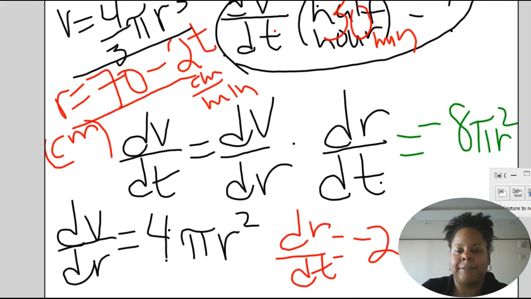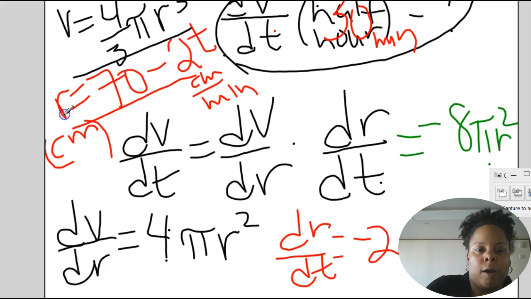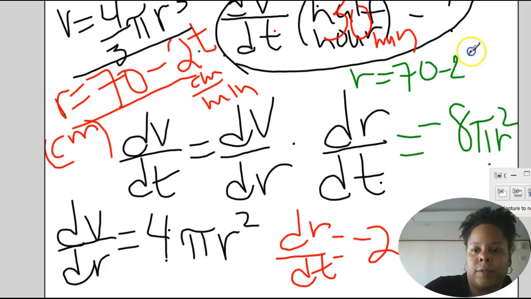So I have to figure out what r is at half an hour later. I can do that by evaluating r when t is equal to 30. So I get r is equal to 70 minus 2 times 30, which is equal to 10. So this answer is -80 pi.